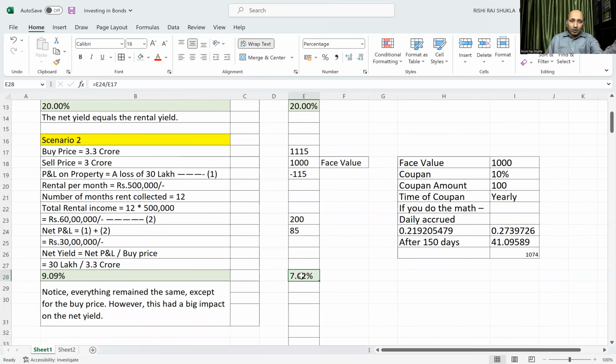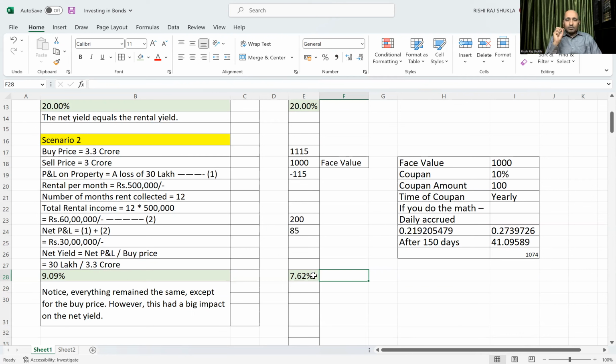So how much will the yield be now? We can see this yield E24, this 85 divided by this buy price of the bond. So it will be 7.62%. So we can see here this mere increase of 115, how much it reduces this yield. This is drastically reducing our yield.